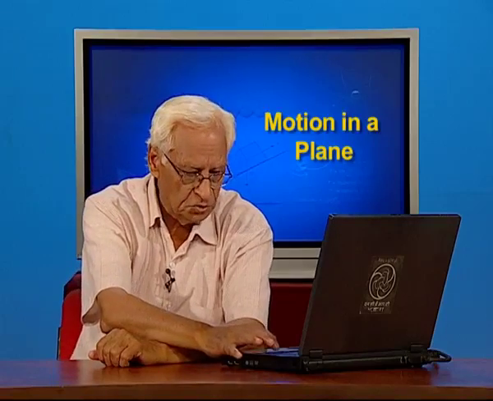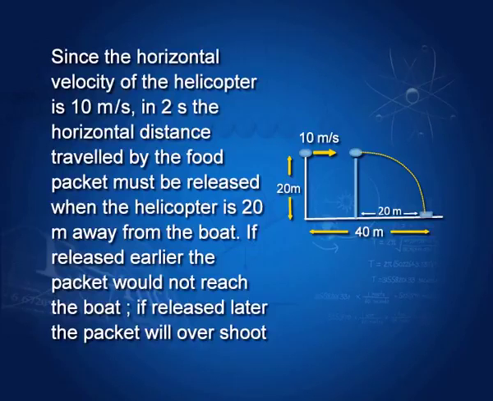Let me remind you, show you once again the problem. Here is the helicopter. Helicopter must release the packet here, so that it travels along a parabola and then falls on the boat. It does not miss the boat, does not fall before the boat or after the boat. So, it will take 2 seconds, and in 2 seconds the packet needs to travel a distance of 20 meters.